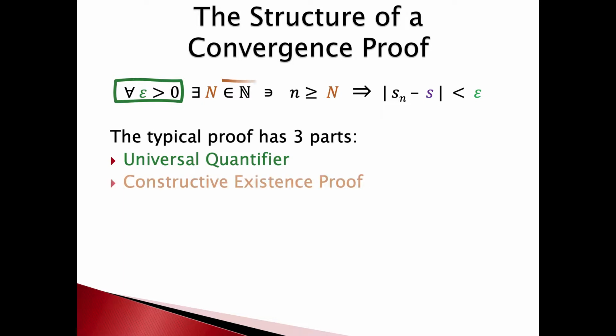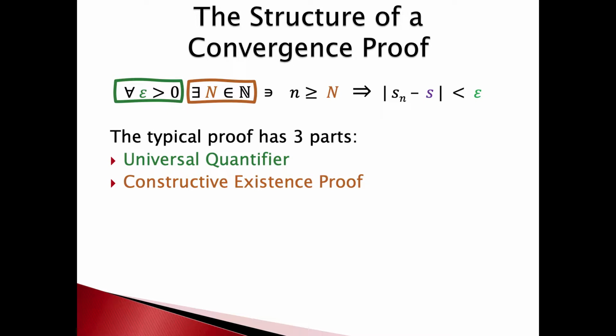The second thing in the definition is this statement about there exists a capital N. So we have to prove that there is a capital N that does something. So how do you prove a "there exists" statement? Well, the typical way we will do these proofs, especially in this video, is a constructive existence proof.